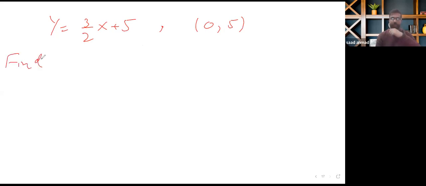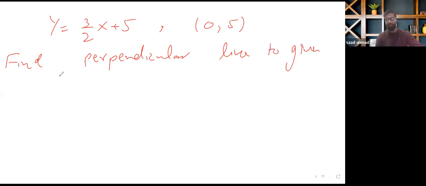Let's quickly look at a question. Let's say I have y equals 3 over 2 x plus 5, and the point is (0, 5). We want to find a perpendicular line to this. The slope of the perpendicular line will be the opposite reciprocal.